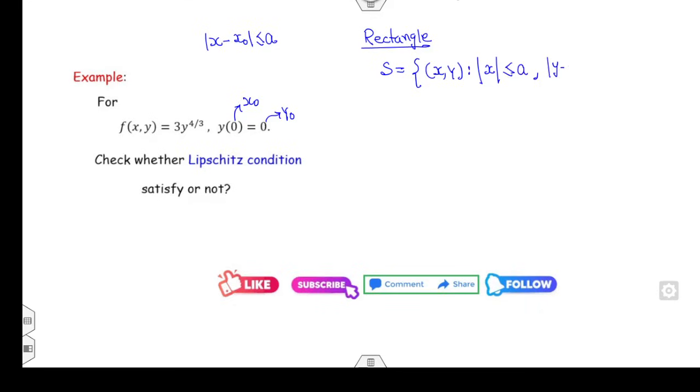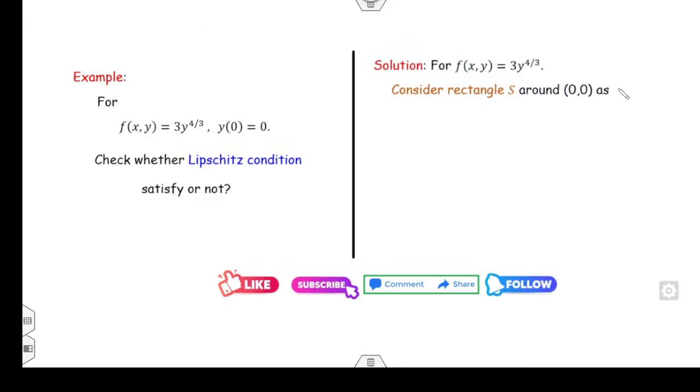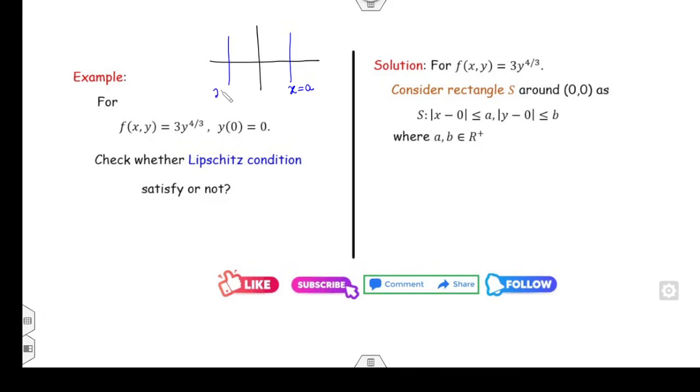So y minus y naught is my 0, which is less than or equal to b, where a and b are both positive numbers. So we can define the rectangle. If you want to see it graphically, the rectangle is mod of x equal to a, because a is positive, and b is positive, y is equal to b, y is equal to minus b.